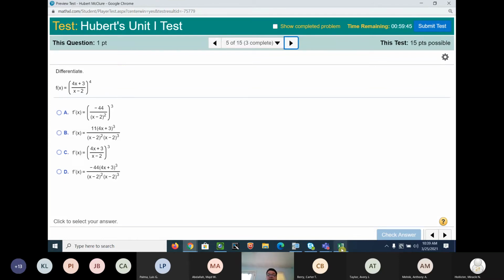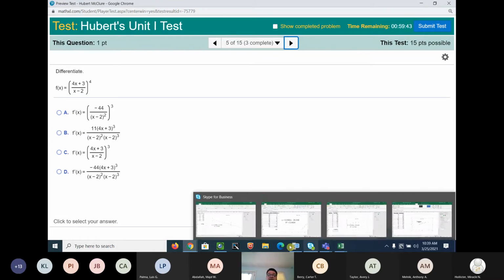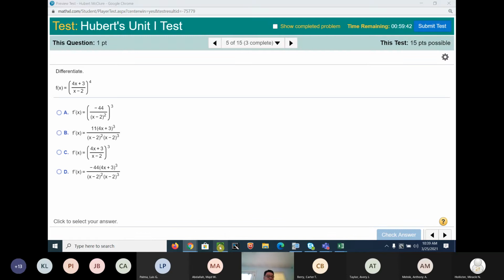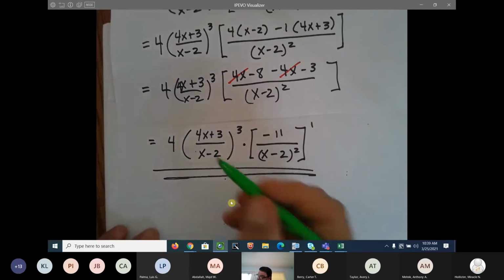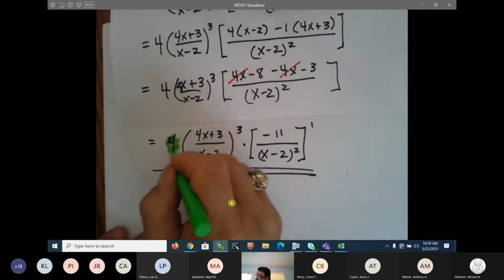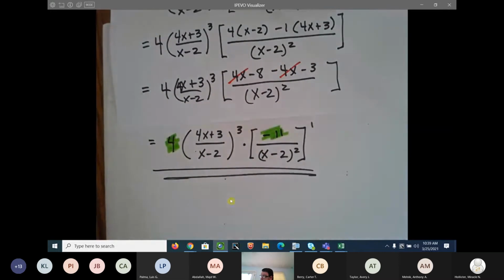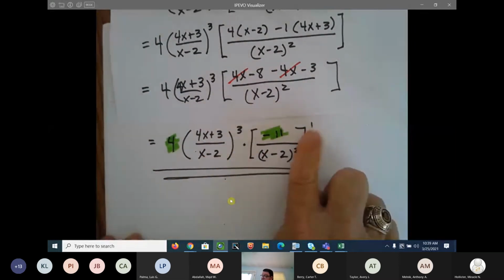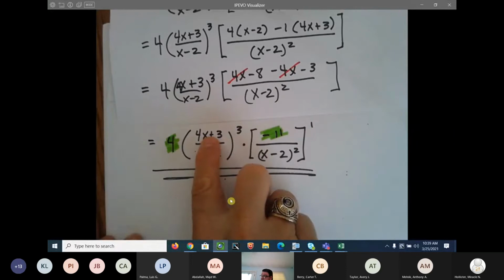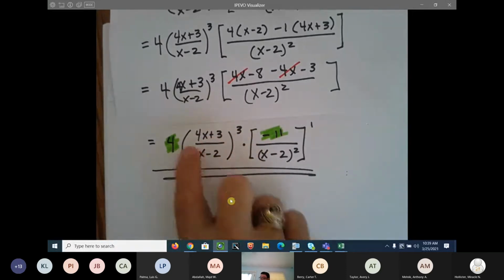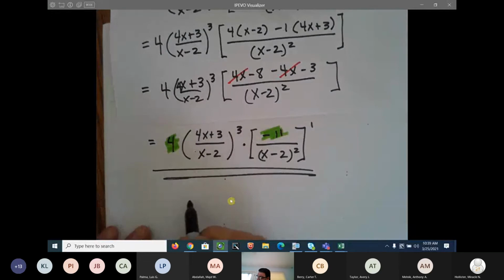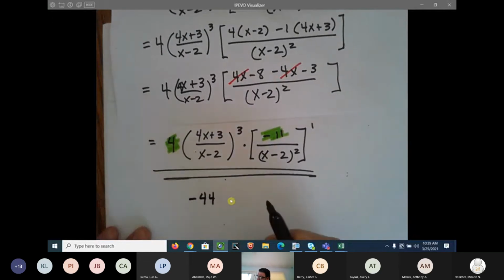So let's look at that. They want you to do a little bit more. So I'm going to take that 4 and multiply that 4 times that negative 11, because it's to the first power. I can do that. I can't do it here because that's to the third. So I'm going to get 4 times 11, that's negative 44.